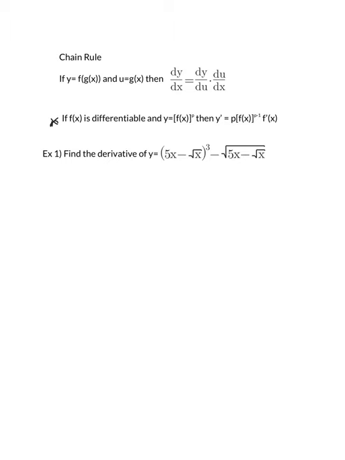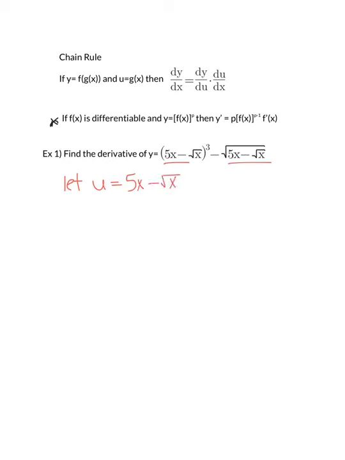So we are going to go through a couple examples. This first one says find the derivative of the following. Now, what I notice right away is that I have the exact same thing here. That gives me the idea that it is going to be easiest for me to let u equal the 5x minus root x.